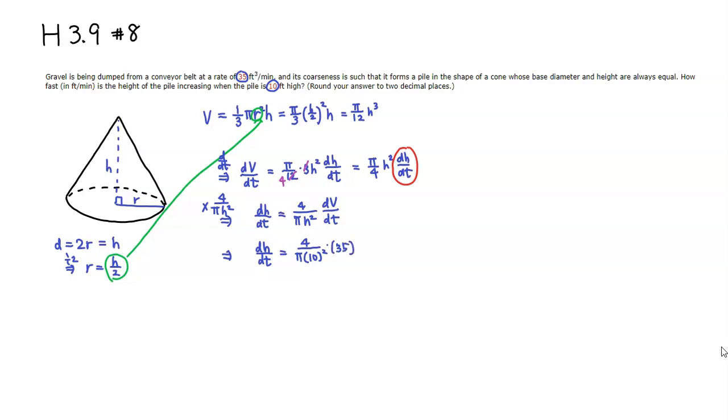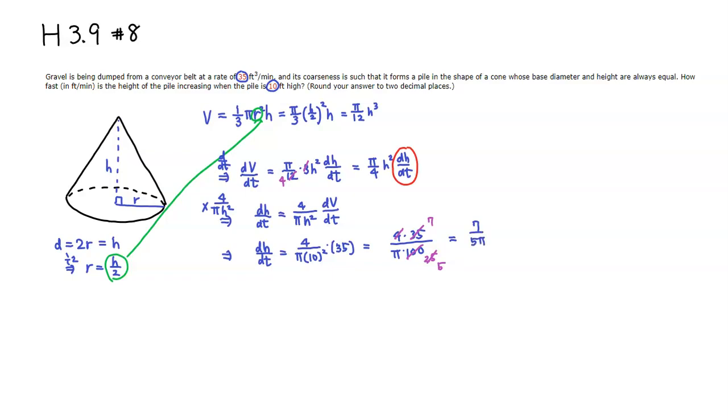Let's simplify that: 4 times 35 over pi times 100. We can simplify, divide by 4, we get 25. And divide by 5, 5 times 7 is 35, pi times 5 is 25. So we get 7 over 5 pi.